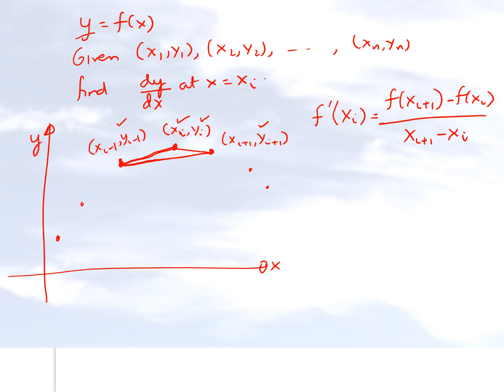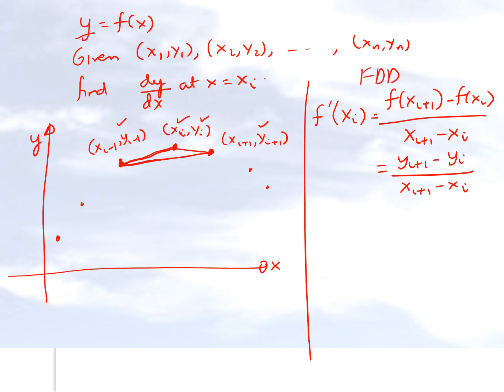Because keep in mind that y is f of x, so we can also put it as y of i plus 1 minus y of i divided by x of i plus 1 minus x of i. Since we are using the point ahead in order to find the value of the derivative of the function, this formula will then be the forward divided difference formula.